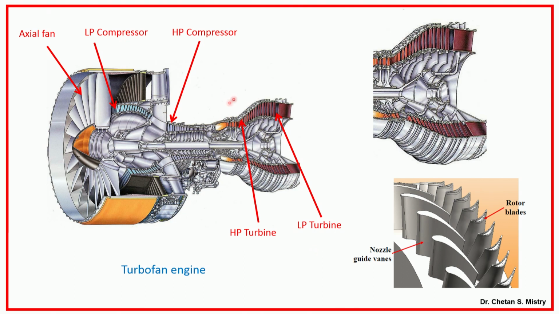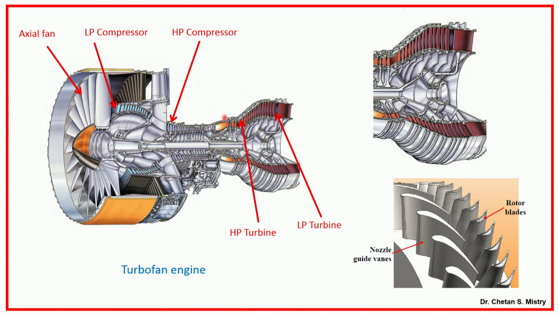Now, in terms of flow passage, as we discussed in the morning, since my temperature is higher, my density is lower, and in order to satisfy continuity, the area continuously increases. So, you have a divergent shape of passage.